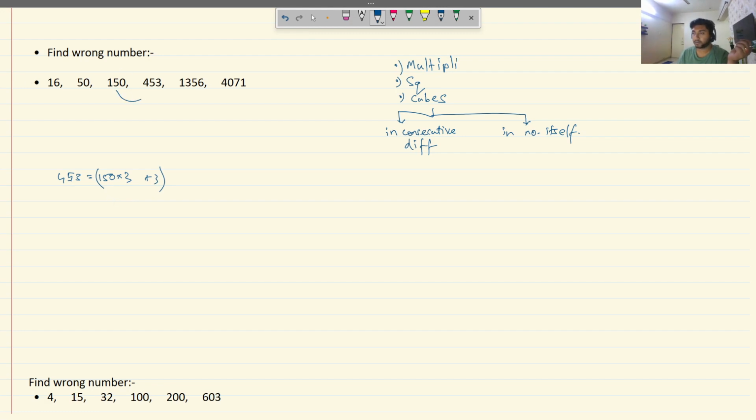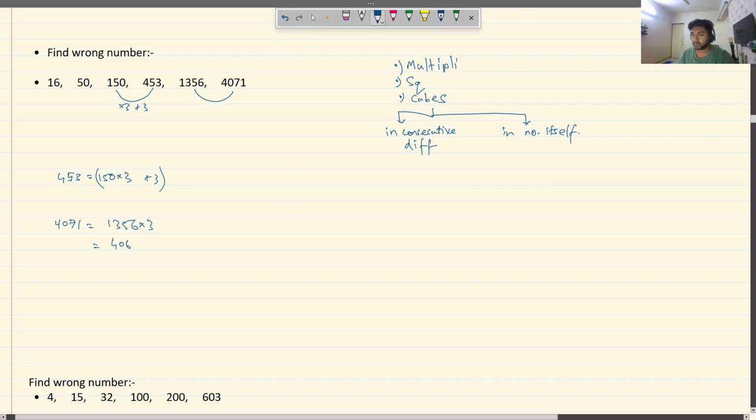Into 3 plus 3. This 4071 is 1356 into 3. This will be 4068.